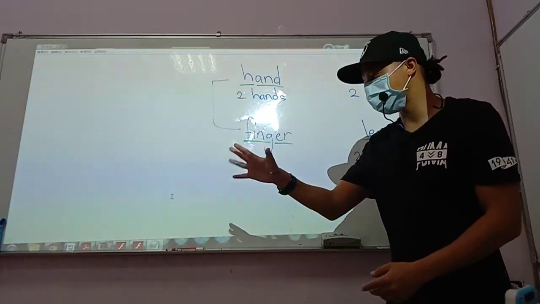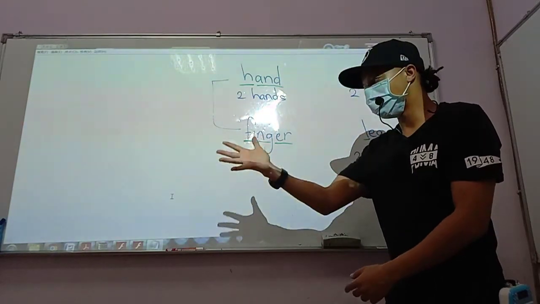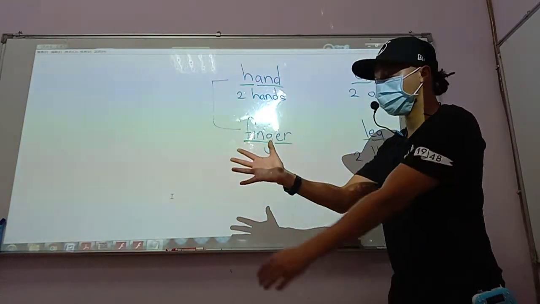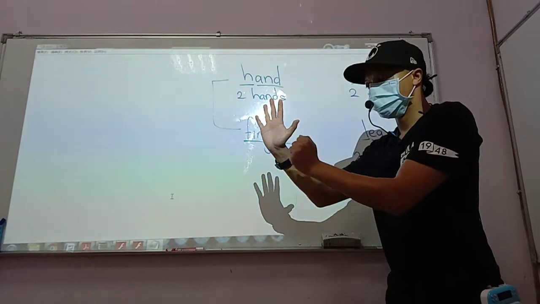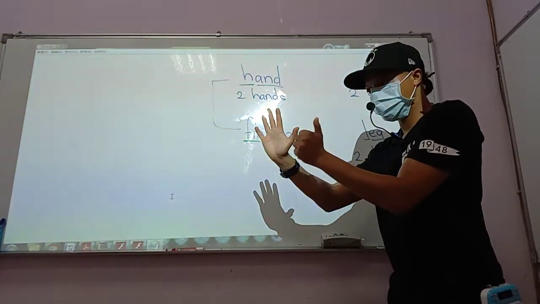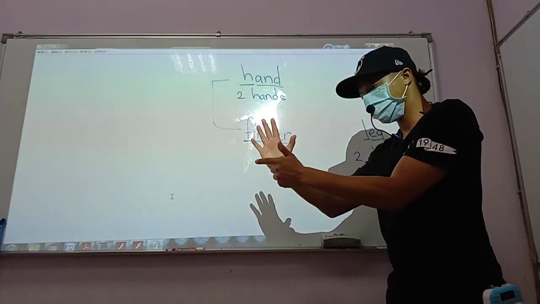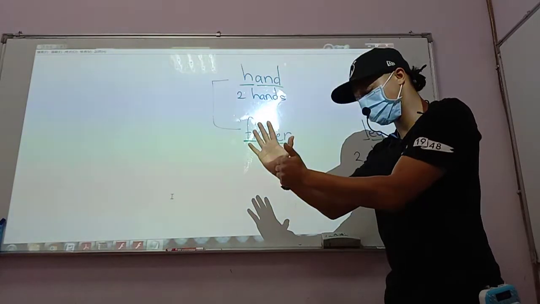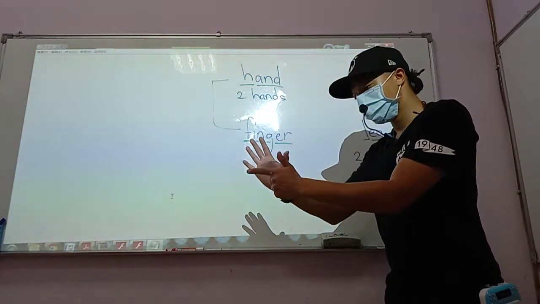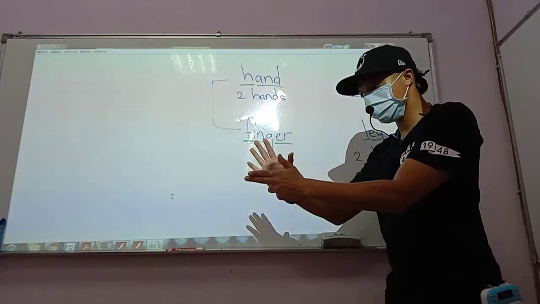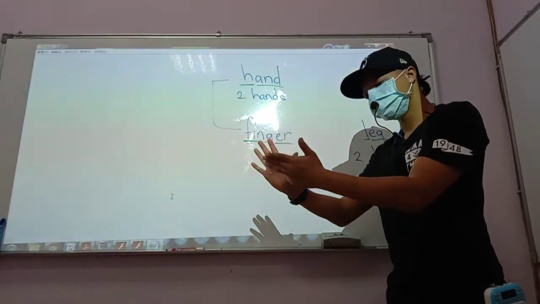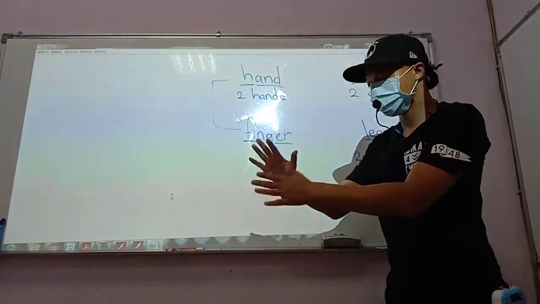I have 5 over here, and remember I have 2 hands, so I need to count. So 5, 6, 7, 8, 9, 10.